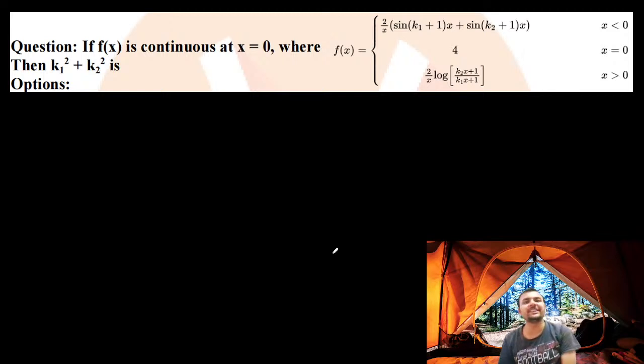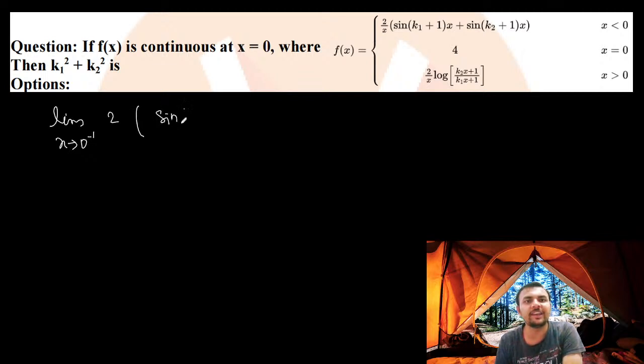If f(x) is continuous at x equal to 0, where f(x) is this function, then find k1 square plus k2 square. So what will happen as x tends to 0? It is continuous, so it will become 0 by 0 somewhere. The limit as x tends to 0 minus: we have 2 sin((k1 plus 1)x) upon x.